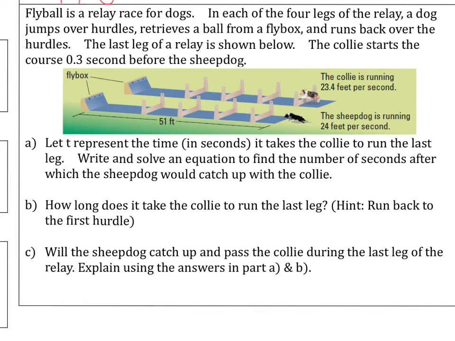Flyball is a relay race for dogs. In each of the 4 legs of the relay, a dog jumps over hurdles, retrieves a ball from a fly box, and runs back over the hurdles. The last leg of a relay is shown below. The collie starts the course 0.3 of a second before the sheepdog.